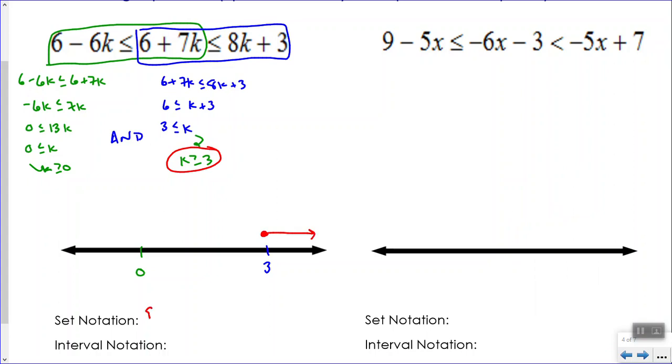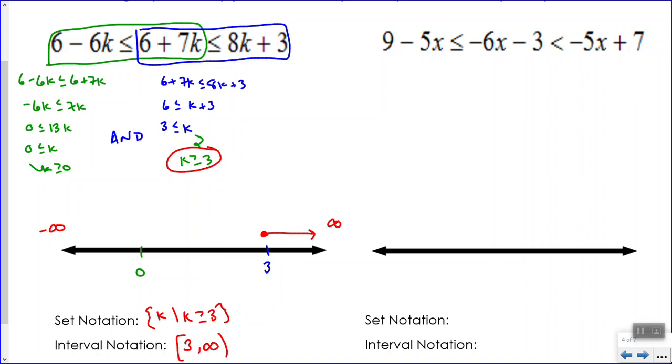If we go to put that in set notation, this looks like the ones before we did compound inequalities. We have the values of k such that k is greater than or equal to 3. If we think about our interval, we have negative infinity on the left, positive infinity on the right. We're going from 3 off to infinity. Since it's a closed circle on 3, we have the bracket, and then infinity gets the parenthesis.